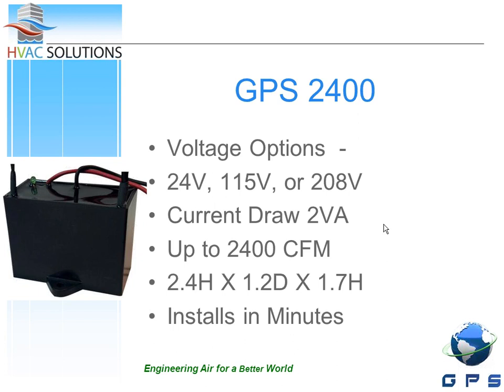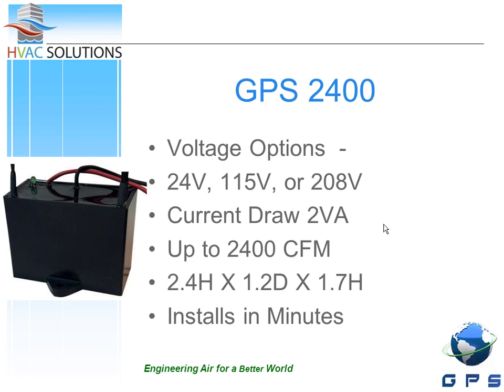All right, so residentially speaking, the unit we use 9 out of 10 times is the 2400. 2400 stands for 2400 CFM. So this guy here, and if you look at the size, is literally 2 inches by 2 inches. So it's a small unit, and it's good for up to 2400 CFM.